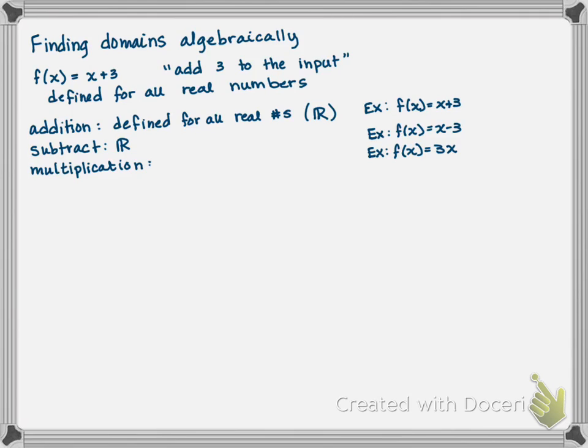Can I multiply 3 by a negative number? Yeah. Can I multiply it by 0? All I want to know is if I can multiply 3 by 0 and get a number. Do you get a number when you multiply 3 by 0?